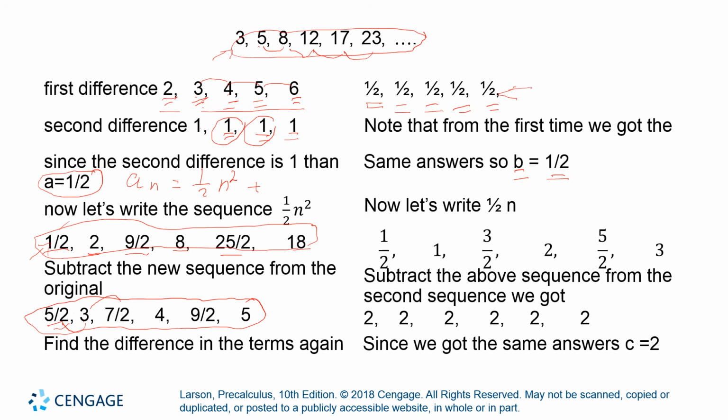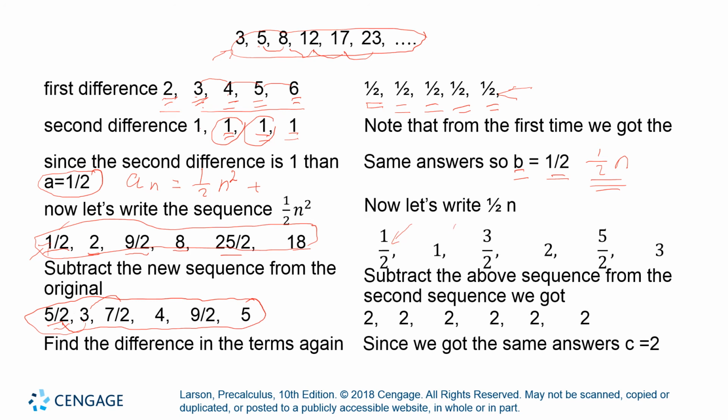Now notice the second term of the sequence is 1/2 n. So I want to figure out what this sequence is going to be like. 1/2 n, replacing n by 1, 2, 3, 4, 5, and 6, we get the following. When I put 1 for n, I get 1/2.